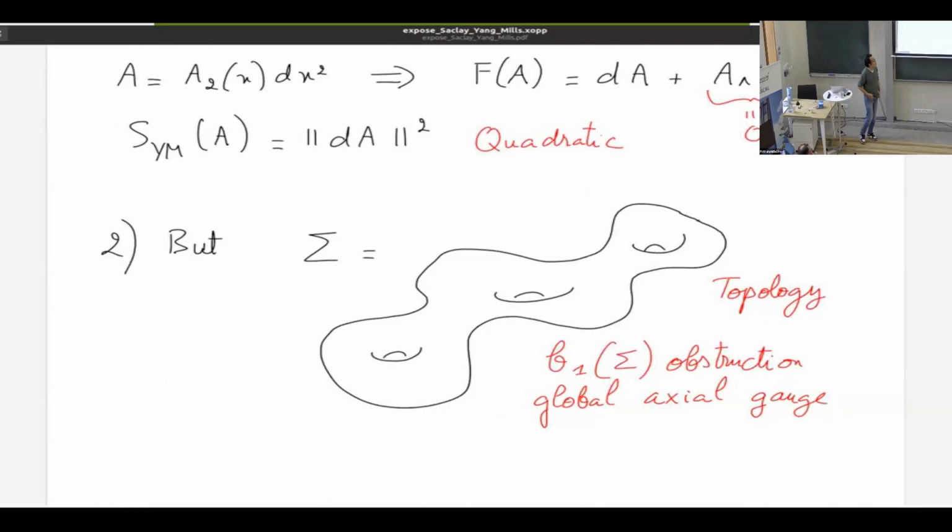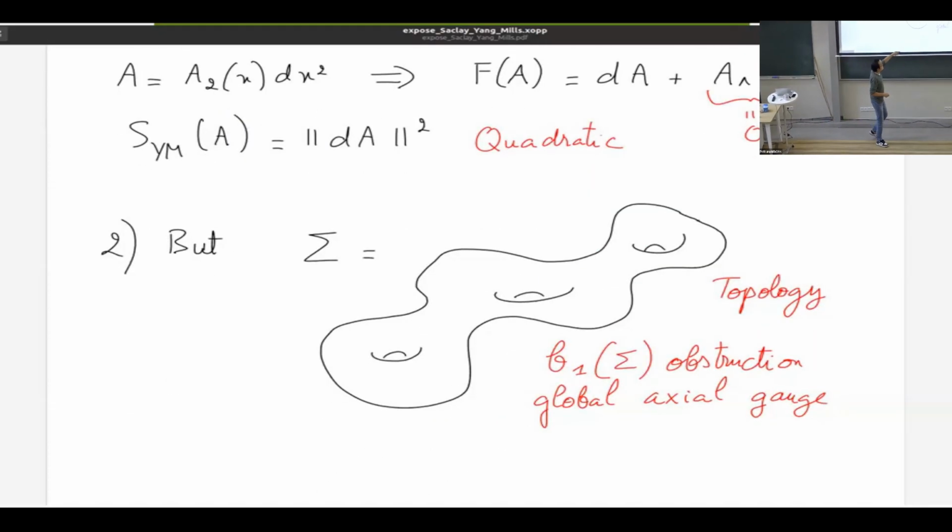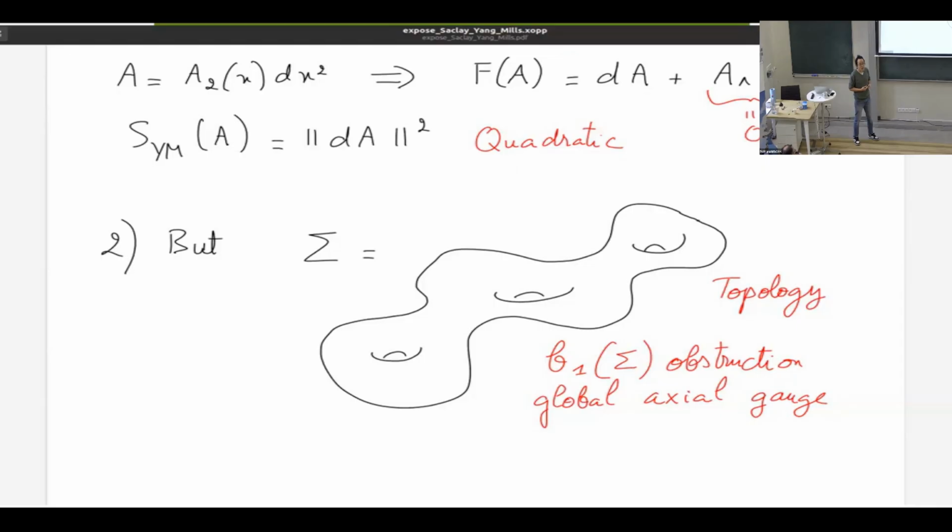Of course, the problem is that on a surface, the topology of the surface obstructs this gauge. At first sight you cannot impose an axial gauge on the surface, because you don't have the analog of the parallel to the x1 axis. Yes, that doesn't kill all the gauge freedom; you still have some remaining gauge freedom.